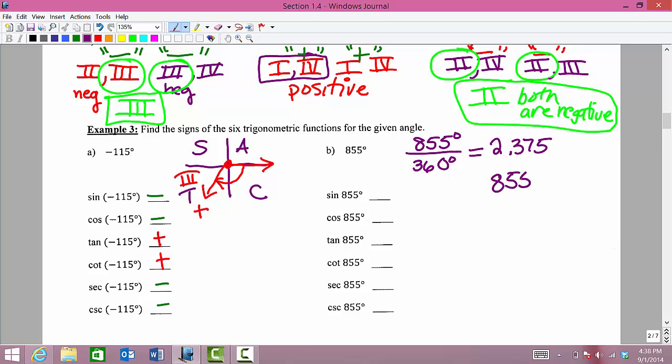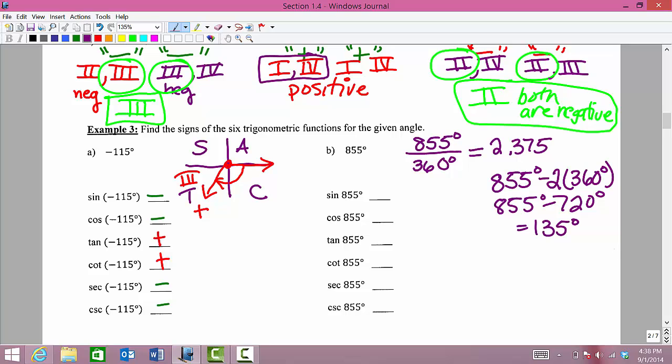So 855 degrees minus 2 complete rotations of 360 degrees, that would be 855 minus 720, and that gives me 135 degrees.